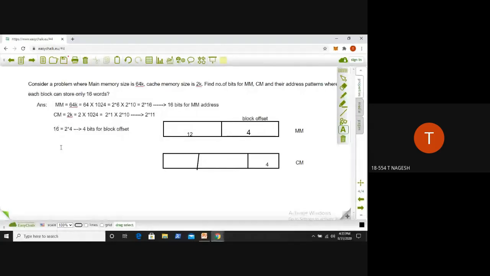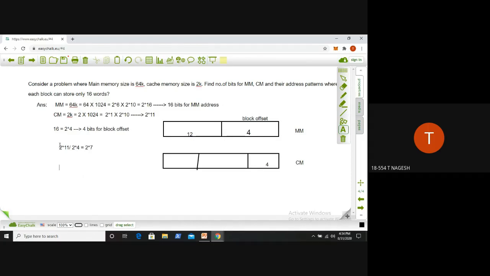That means this entire size of 2 power 11 is divided by 2 power 4, because we have only 16 words per block, which gives 2 power 7.